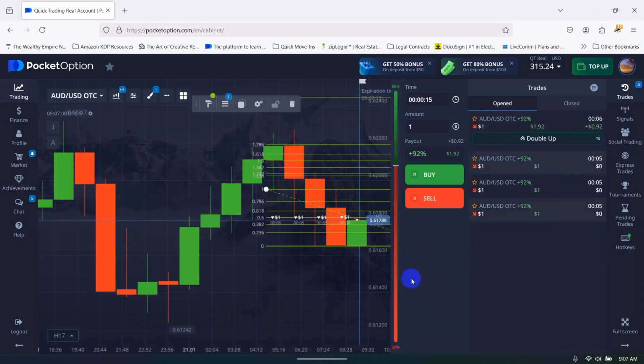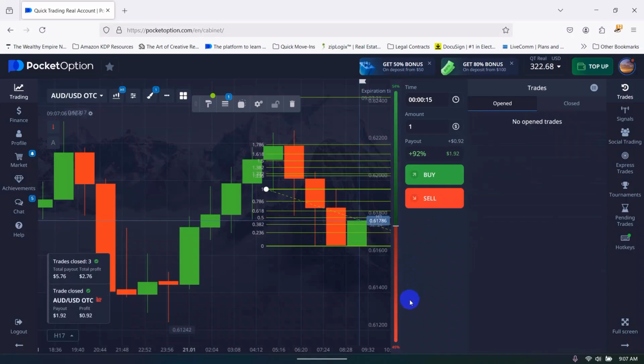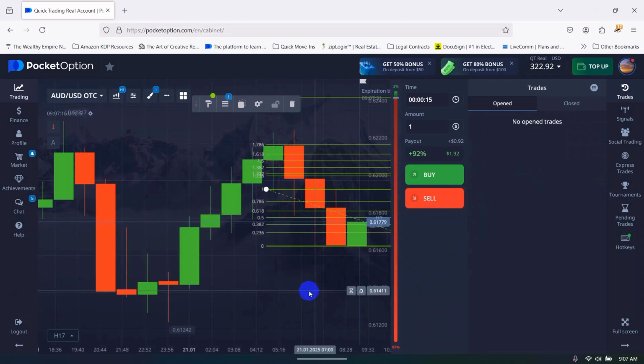Jesus, on the main line. Okay, we back at 3. All right, so if it comes back up here, then we may give it a little bit more time because it's acting like it wants to come back up.